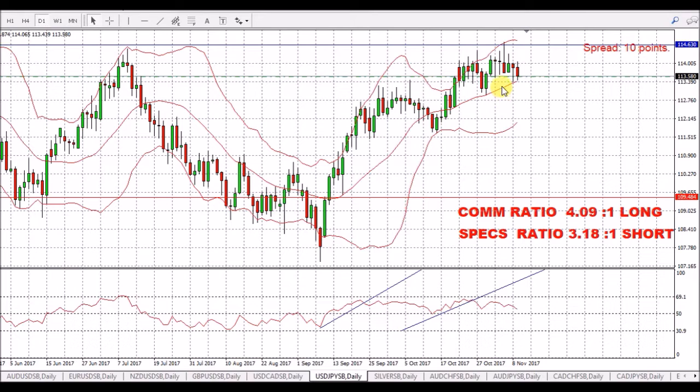So I am expecting weakness in this pair from here. We've got a short ratio of 4.09 to 1, and I'm expecting to see more weakness in this pair.